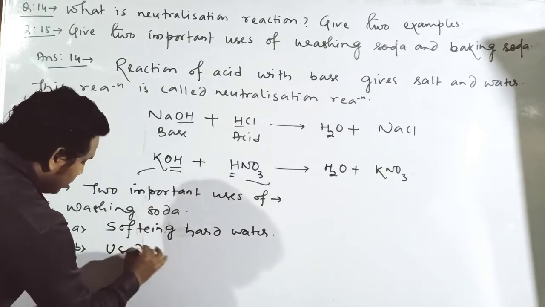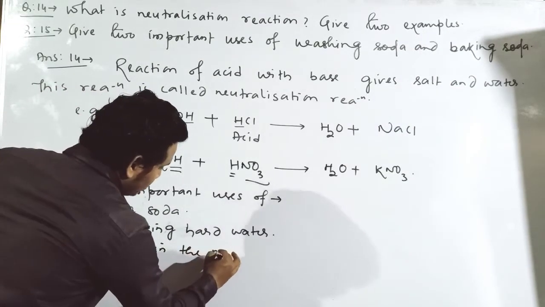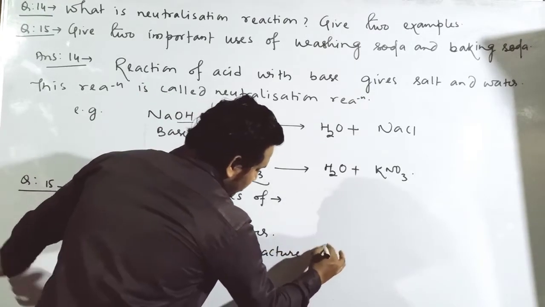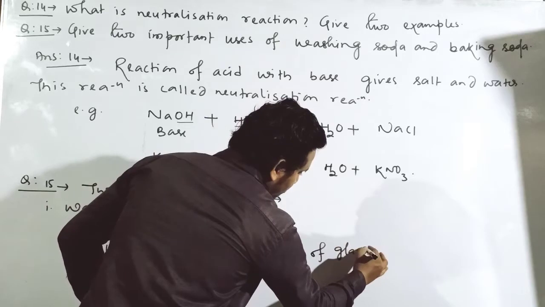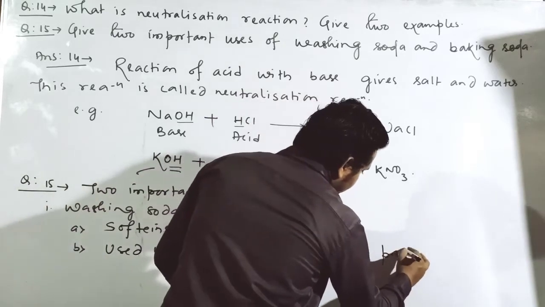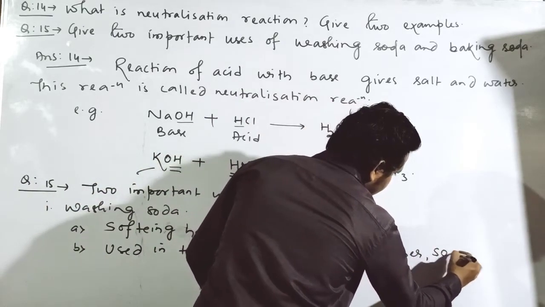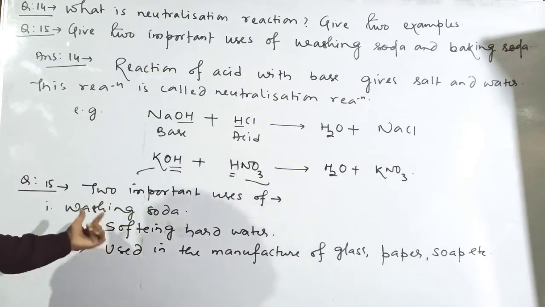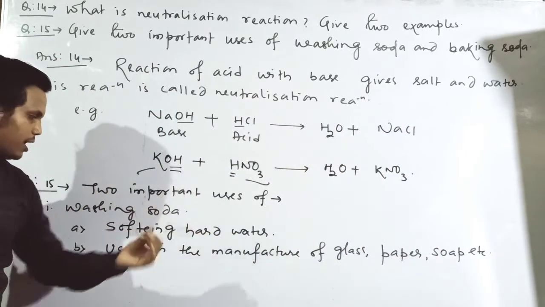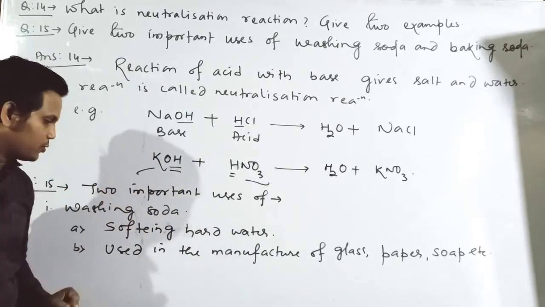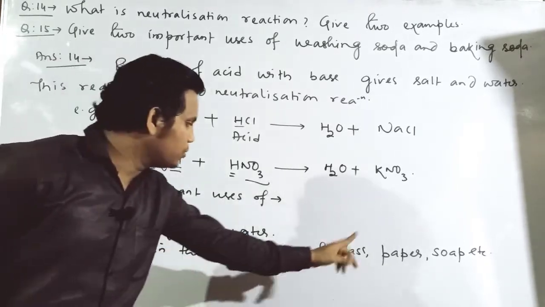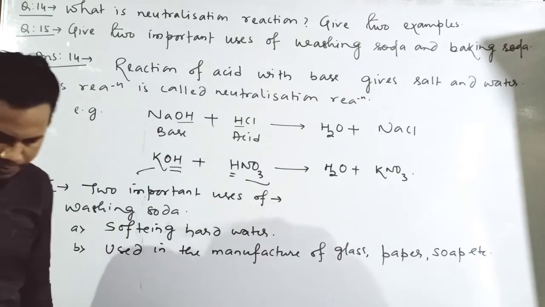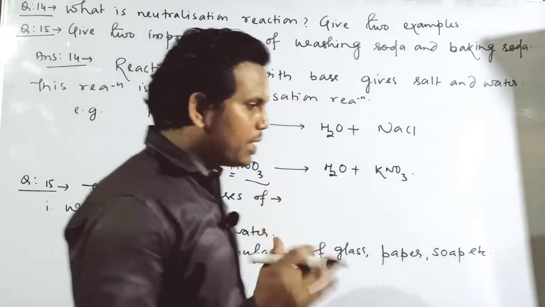Used in the manufacture of glass, paper, soap, etc. So two important uses of washing soda. First, softening hard water. It is asked in the in-text question also, and also it is used in glass, paper, soap manufacture. Okay. Next is baking soda.